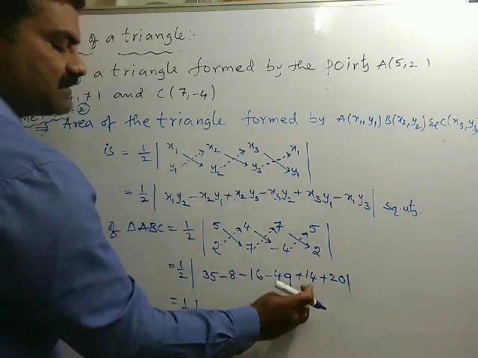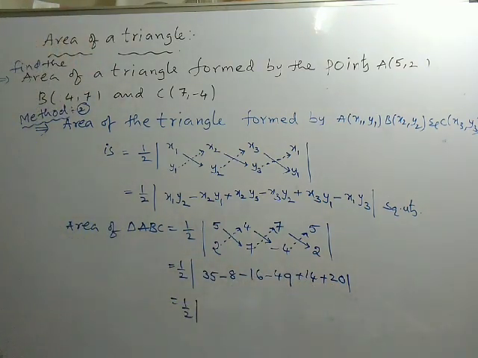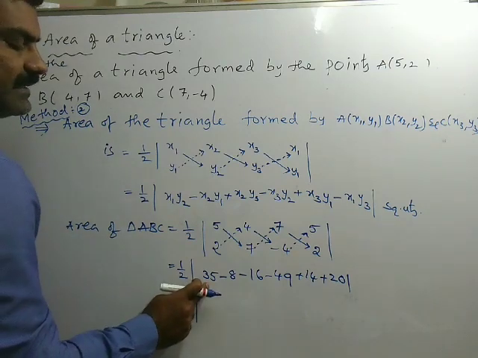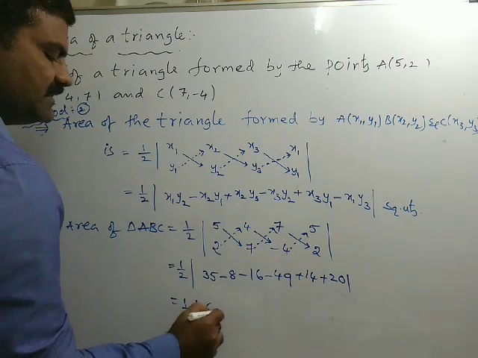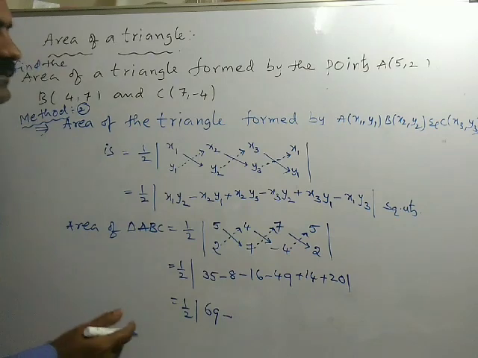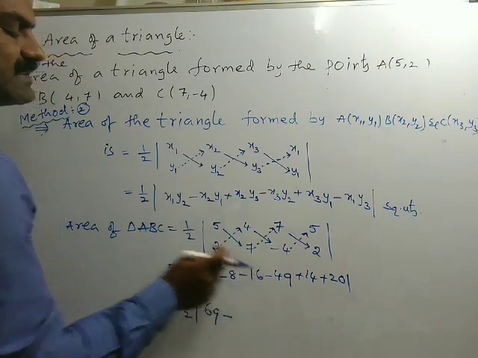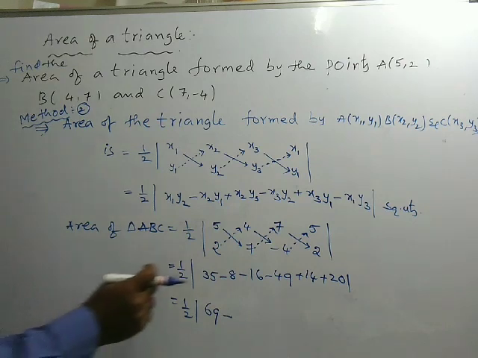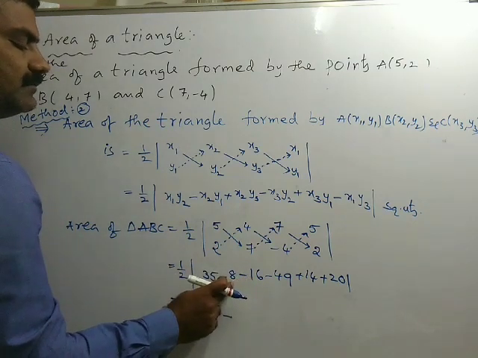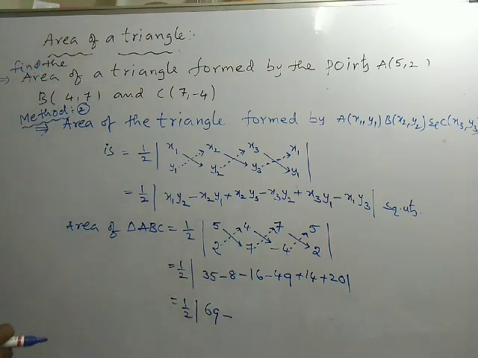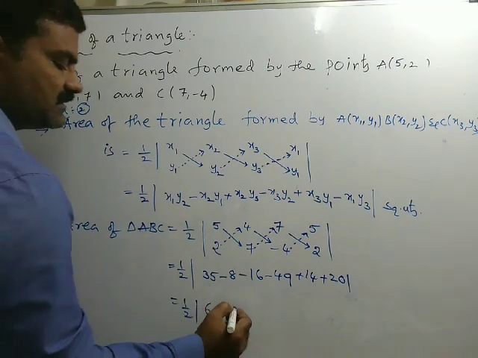So 20 plus 14, 34, 34 plus 35, 69, and let me add all these negative terms: 49 and 16, 65, and then 8, 73.